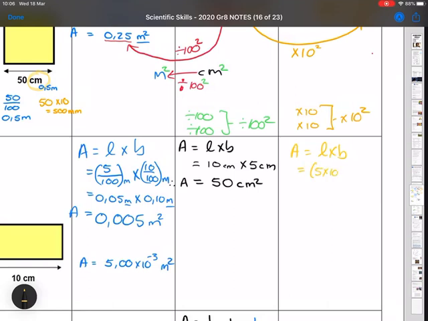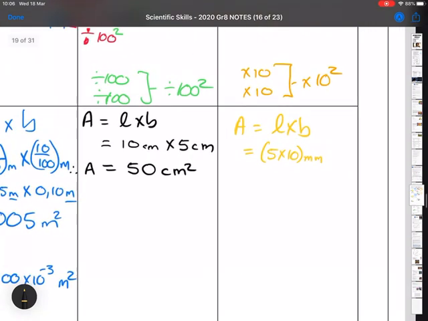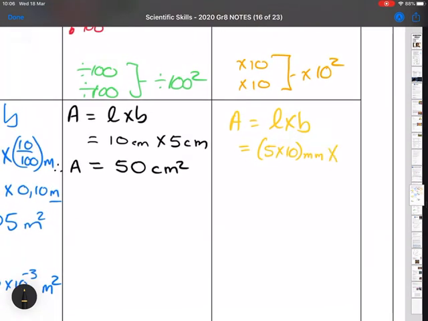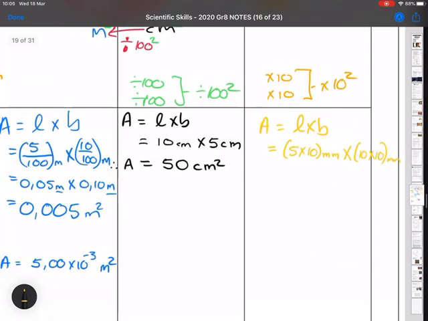So we're going to go 5 times 10 millimeters, and then you're going to go 10 times 10 to convert your centimeters to millimeters. 5 times 10 is 50, and 10 times 10 is 100 millimeters. And 50 times 100 is 5,000 millimeters squared.